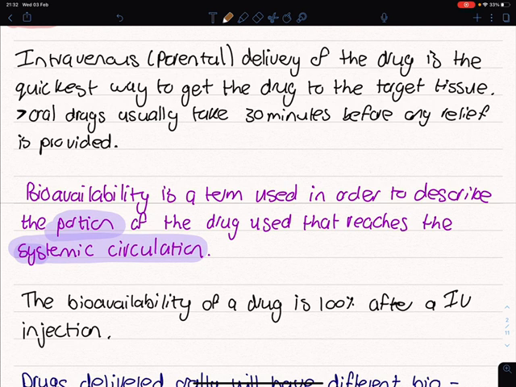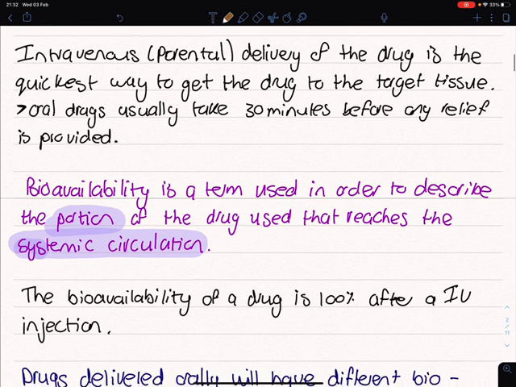Also, we'll talk about this a bit later. But that is what bioavailability is: the amount of drug that will actually enter the systemic circuit. So it's the portion of drug that will actually reach the systemic circuit.